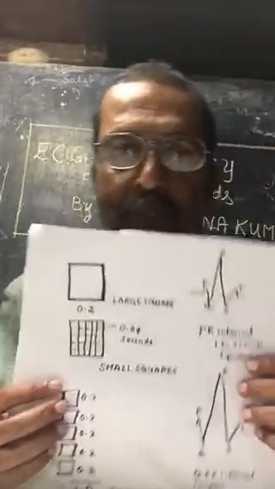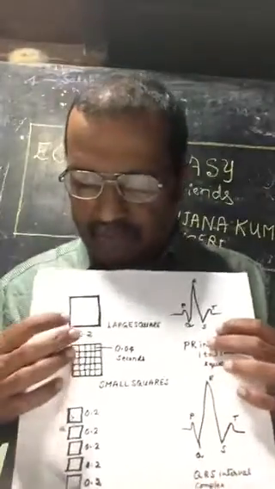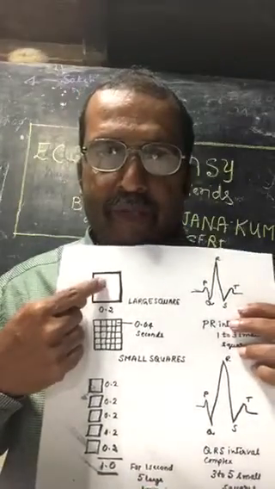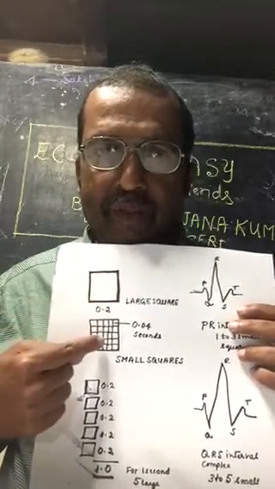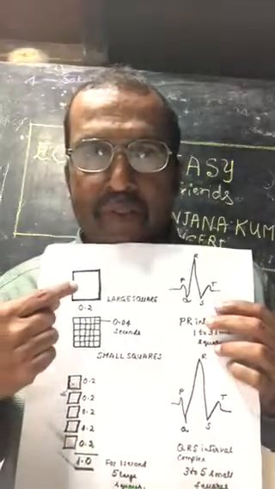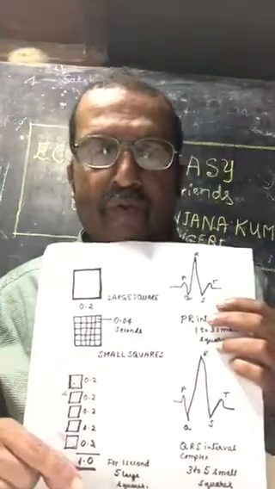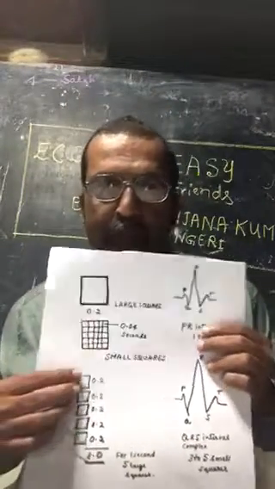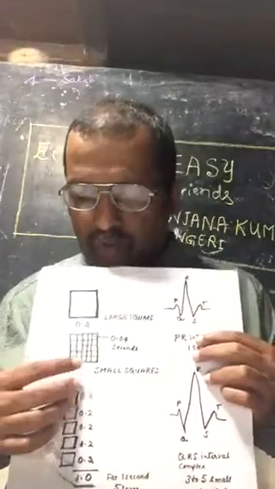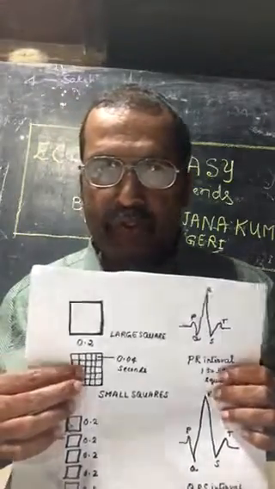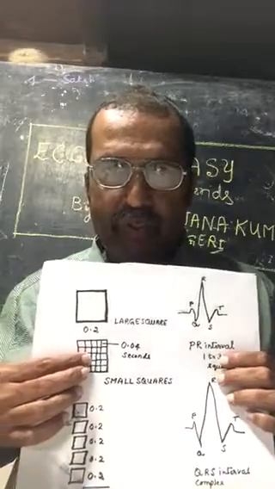Now you will see in ECG records there are some large squares and small squares. 1 large square is equal to 0.2 seconds. 1 small square is equal to 0.04 seconds.